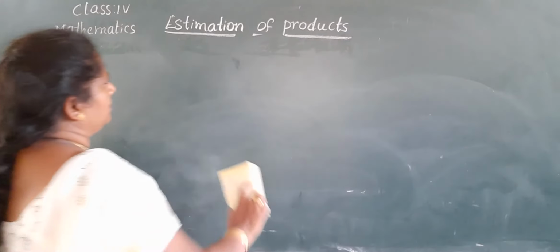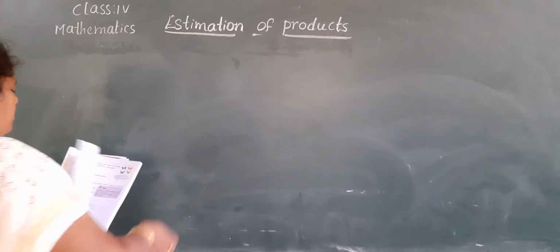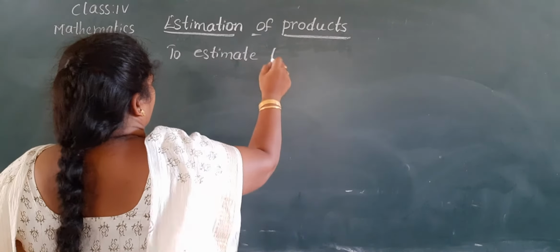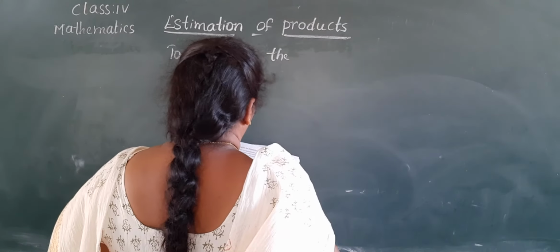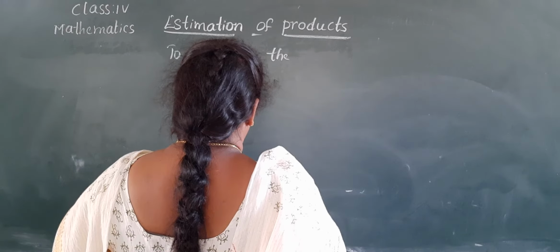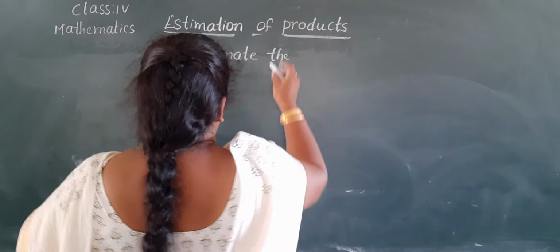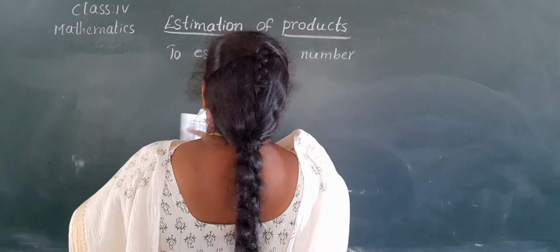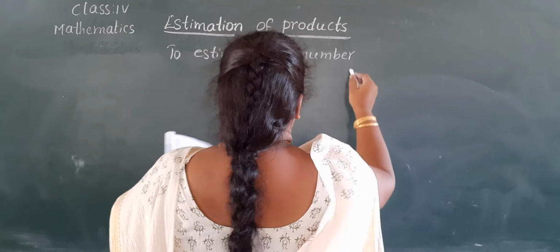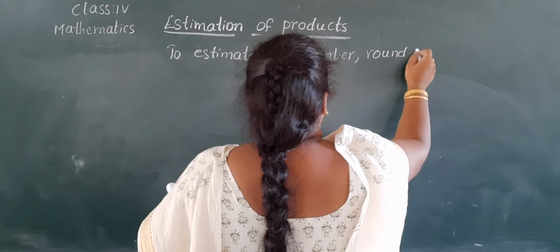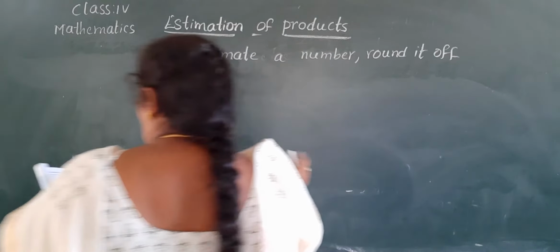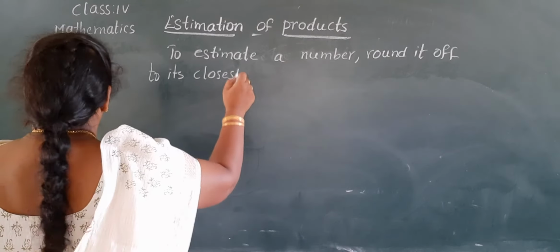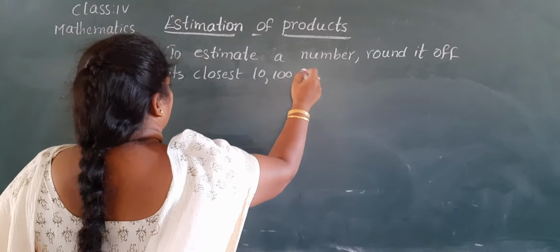Now we will write the estimation of products. So to estimate the number, round it off to its closest 10, 100 or 1000.